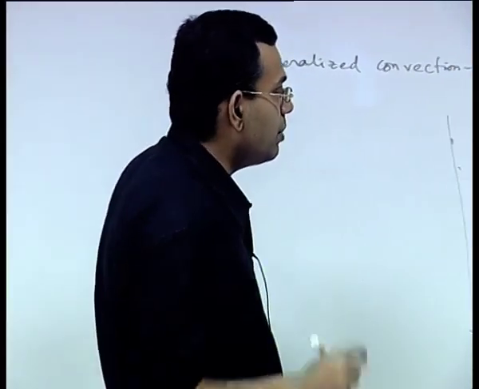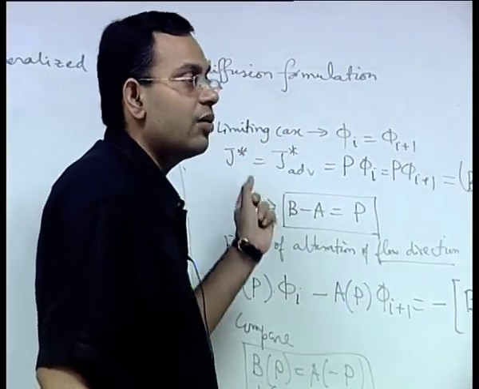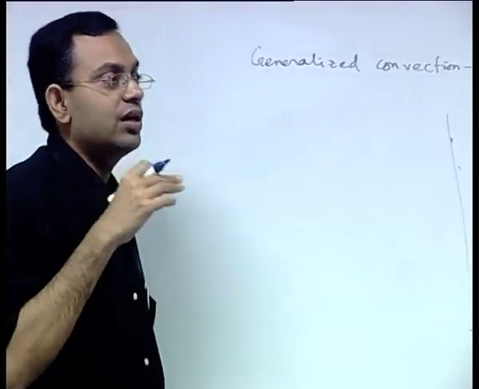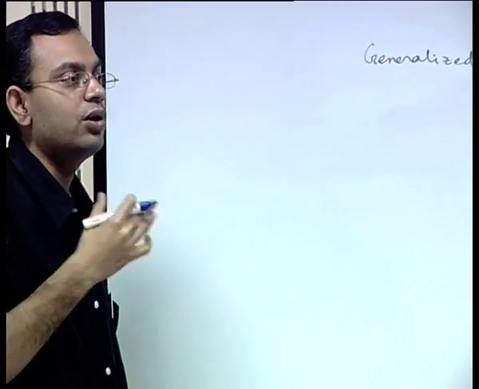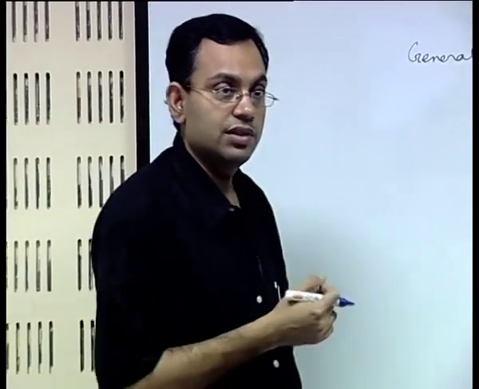We also have to remember the relationship between this capital A, capital B and our various coefficients AP, AE, AW, which have been defined for the dimensional form of the corresponding discretized equations.